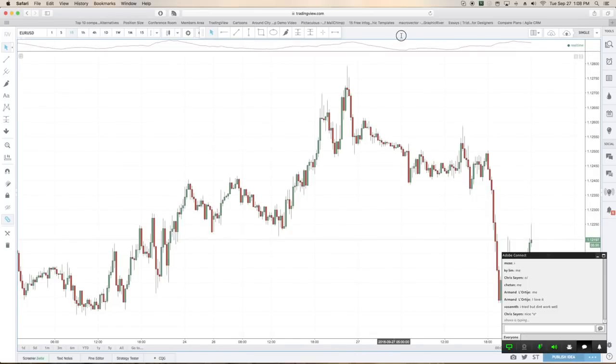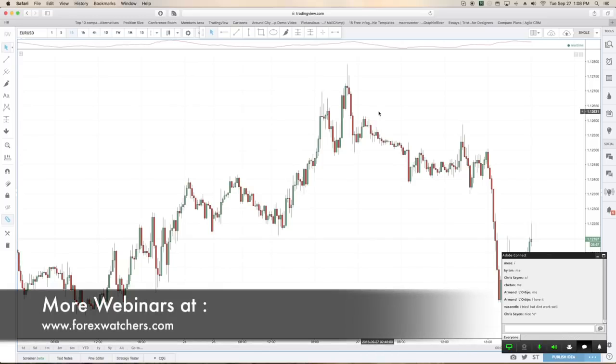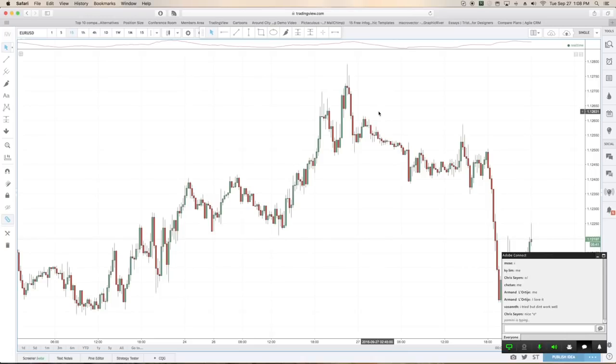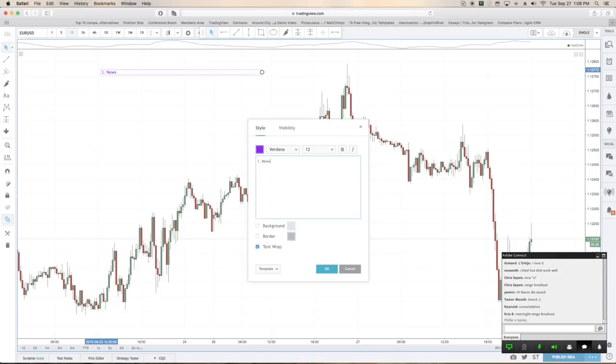Okay, so what kind of breakouts are there? What things can break out? What techniques can break out? News, range, support resistance, candle patterns, supply and demand, very similar to support resistance, and fib levels.